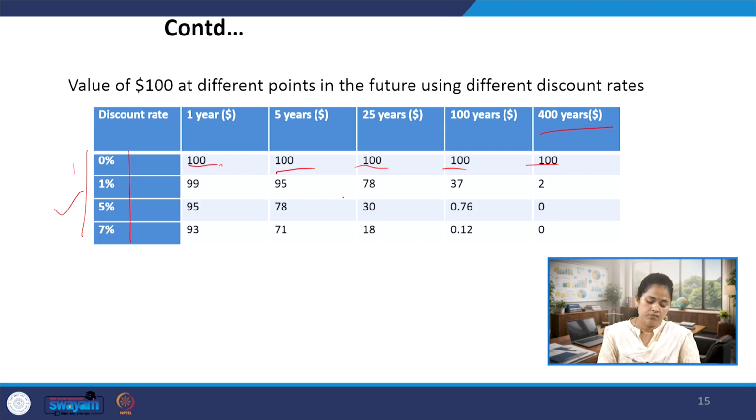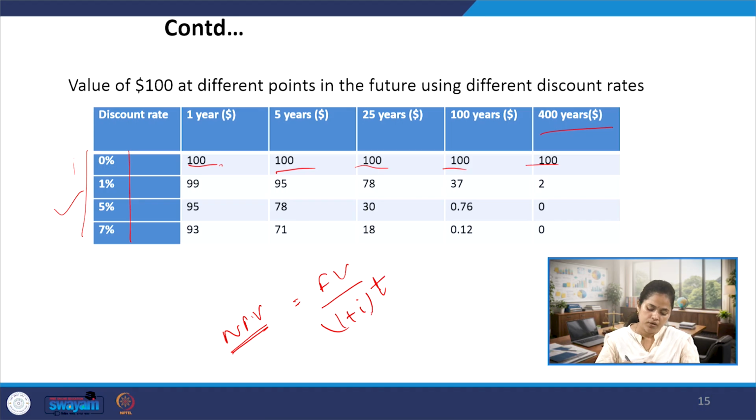Perhaps you remember that while calculating the net present value, we have taken into account the discounted future value, that means future value divided by (1 plus i) to the power t, where i is the discount rate and t is your time factor.